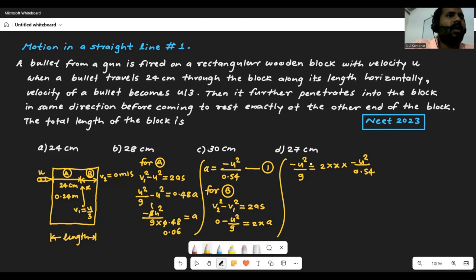Here the minus signs cancel out, and u square cancels out.